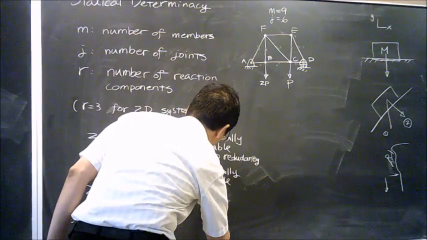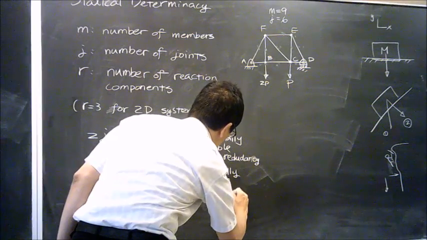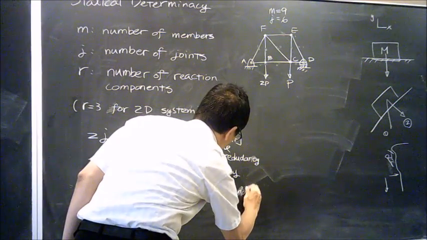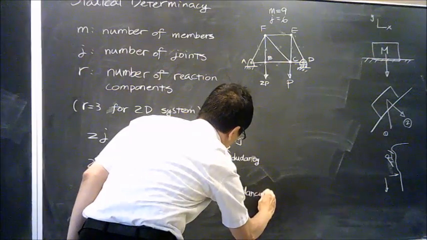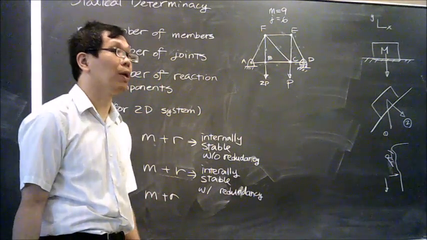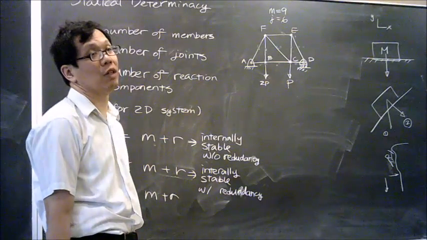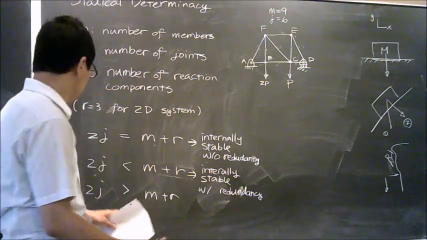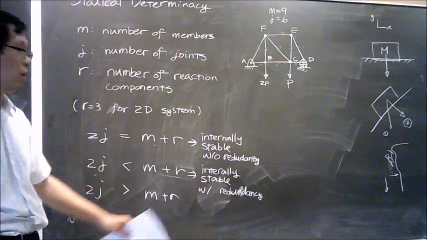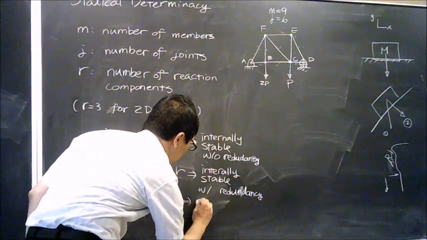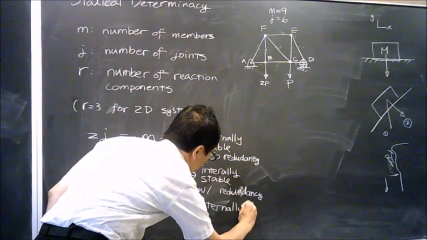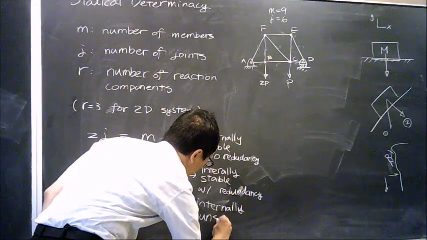But you do have redundancy, which means you are wasting your material. But you can argue that this is for safety. Okay? But if your 2j is greater than m plus r, it means that it's internally unstable.